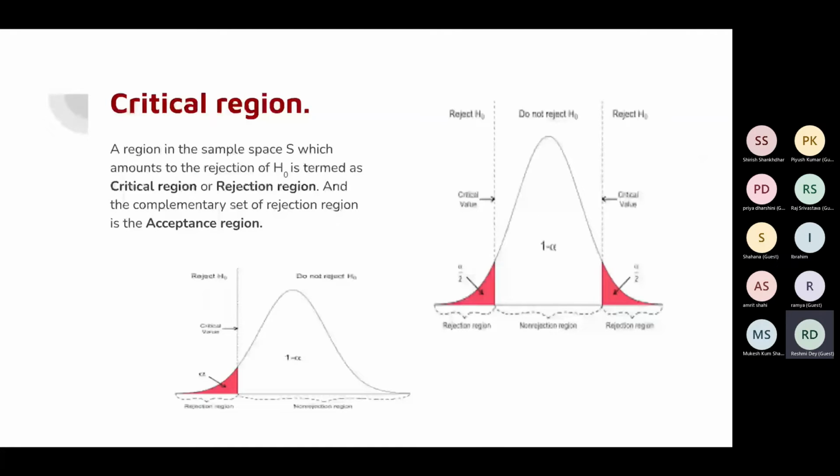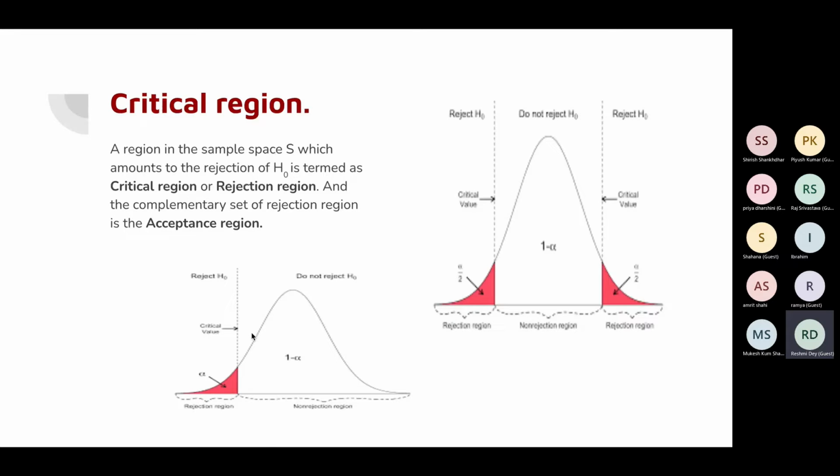Now we come to critical region or rejection region. A region in the sample space S which amounts to the rejection of H naught, a region in the graph where we are rejecting the null hypothesis, is known as rejection region, and the complementary region where we accept the null hypothesis is the acceptance region.